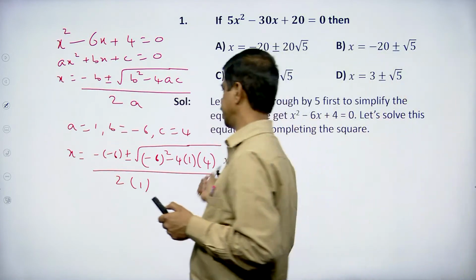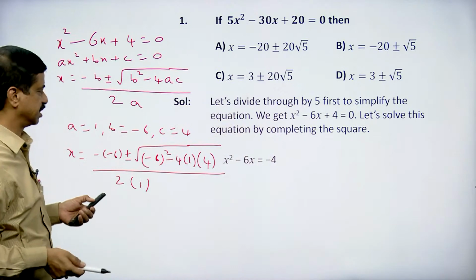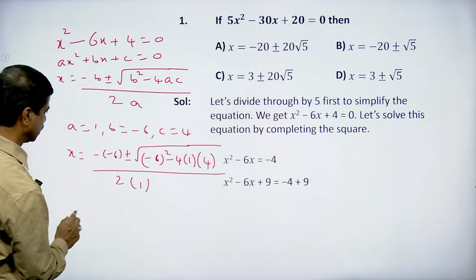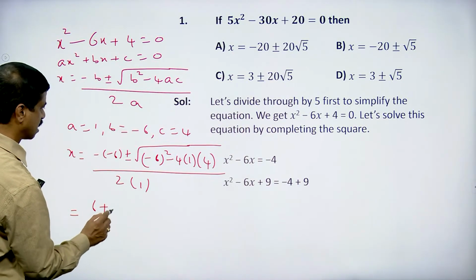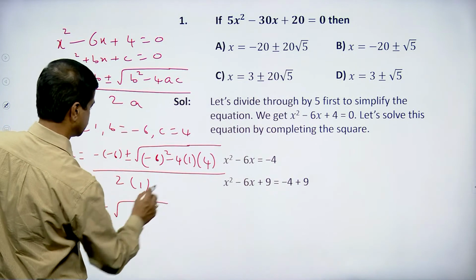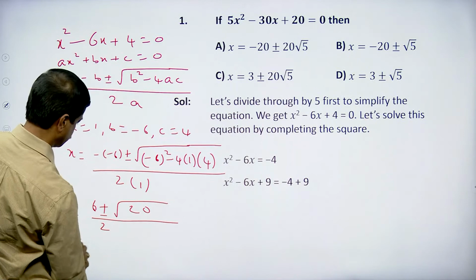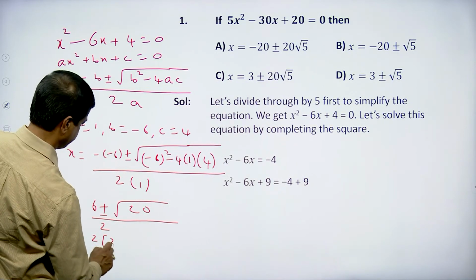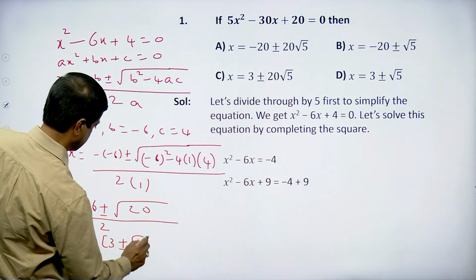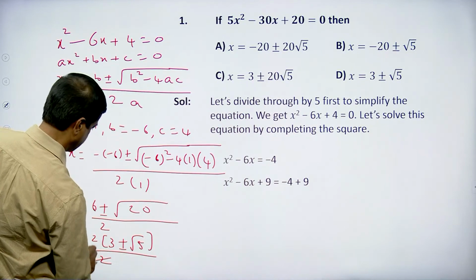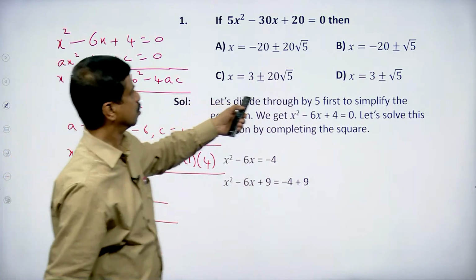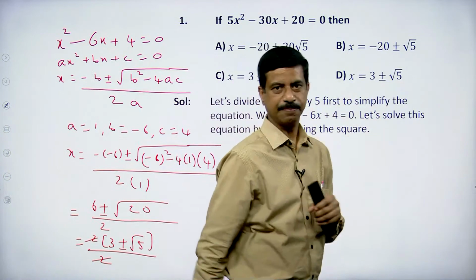Anyway, if you look at this, you will get 6 plus or minus root of 36 minus 16, which is 20, by 2. Right, children? So 2 into this, it is 3 plus or minus root 5 by 2. So 3 plus or minus root 5. So where is that? This we have as option D.